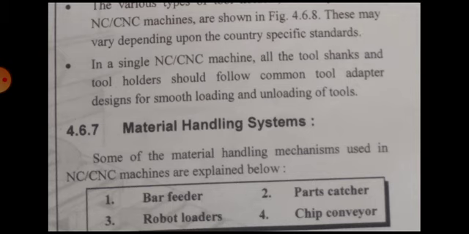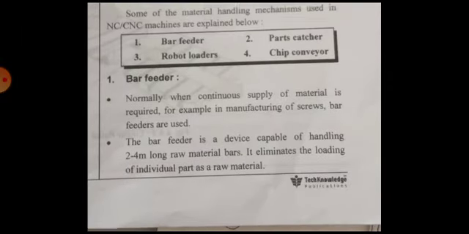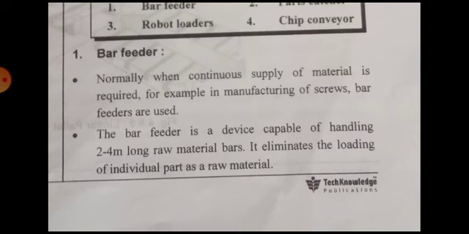You can see bar feeder, parts catcher, robot loaders and chip conveyor. First one is bar feeder. Normally when continuous supply of material is required, for example in manufacture of screws, bar feeders are used. That means in case you have to make nails or small screws, then you just have to feed one bar from which a wire will be continuously machined.